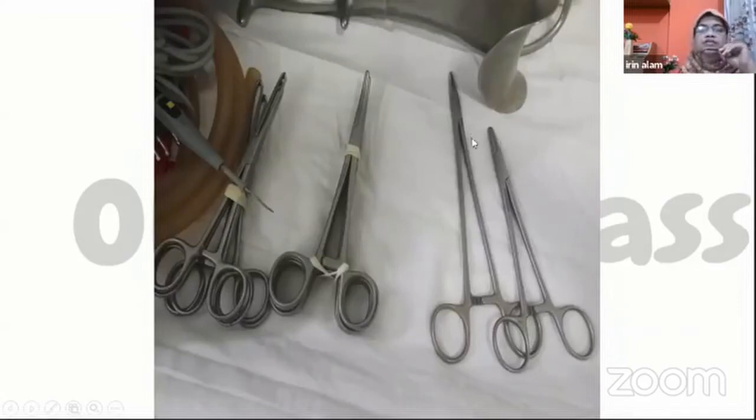This is a needle holder. There are different types of needle holder. This is long and this is short. The short needle holder is used when we use a small needle, such as 2-0 or 3-0, and this is for a large needle. These are the artery forceps, and these are the tissue forceps.